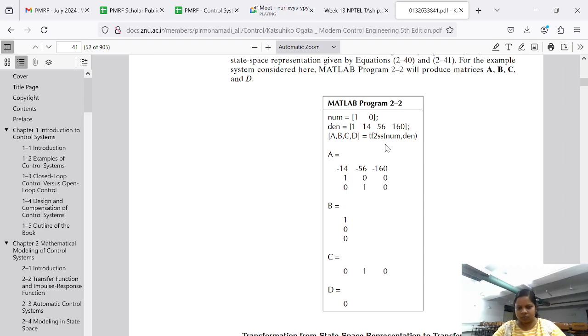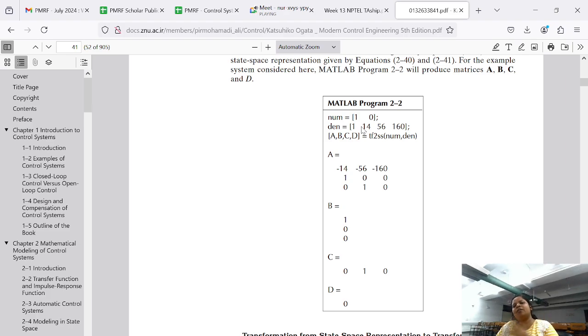Now, one of the MATLAB problems that I did not take was this one. In case you have some numerator and denominator defined for a transfer function and you want to convert it into state space representation, where you want to have different first order ODEs corresponding to some higher order differential equation.